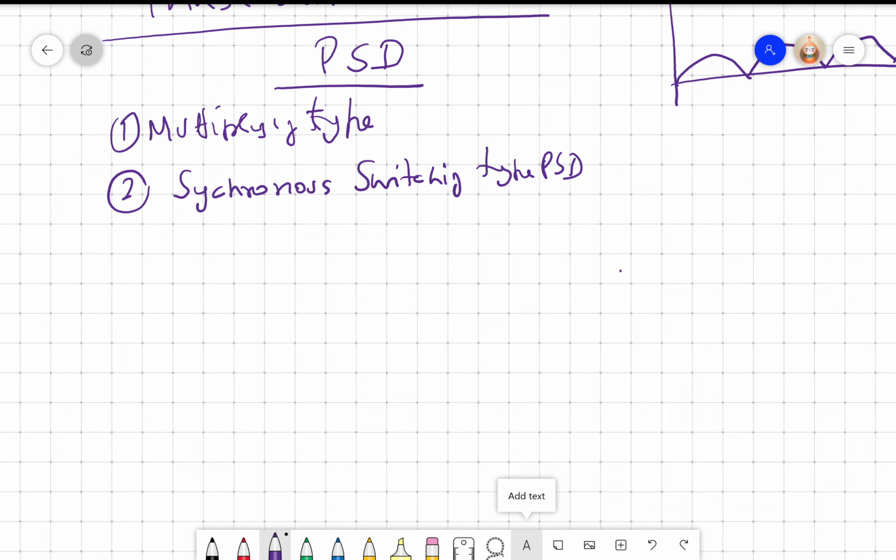Let's see. Multiplier type PSD. I have a multiplier, right? And there are two voltages, E1 and E2, E0 would be equal to E1 multiplied by E2, right?